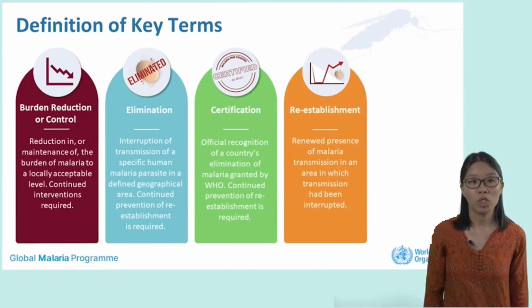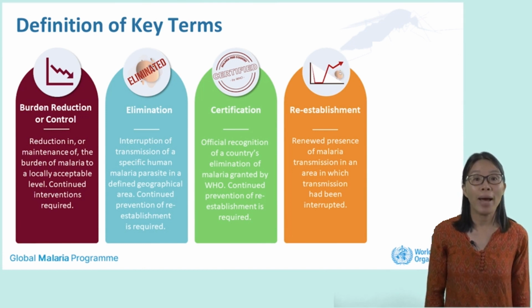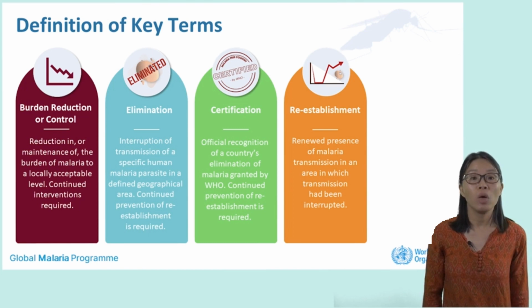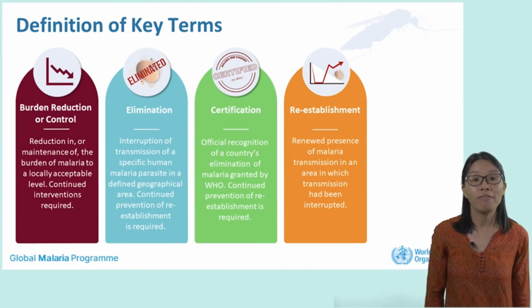Re-establishment of transmission means that an area that was previously malaria-free has renewed malaria transmission. This could happen at any time after elimination of malaria if countries are not careful to assess and manage jointly the risk of transmission in areas with competent and abundant vectors and the risk of importation.